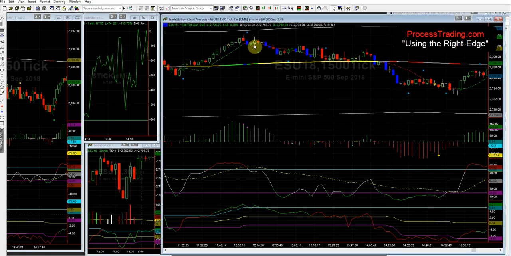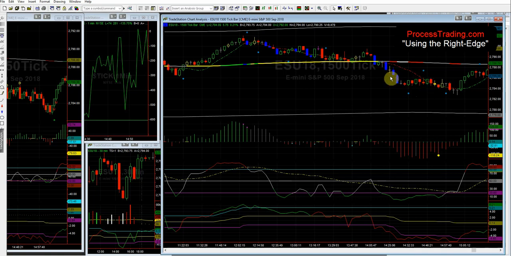So you would have been in from 92.75 to 85. So, depending on where you want to get out here, you're going to take 4, 5, 6, 7 points out of that trade.